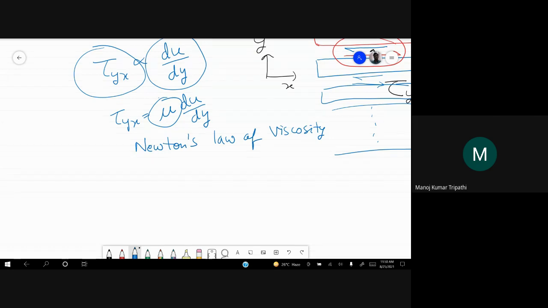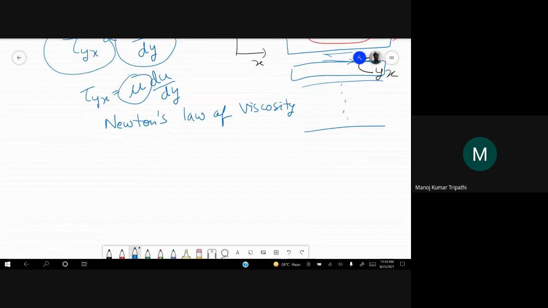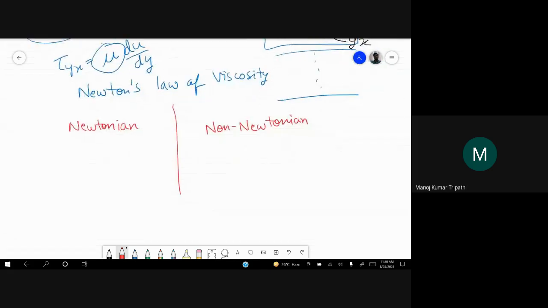Those fluids are known as non-Newtonian fluids, like we said in the earlier class, I think. Non-Newtonian fluids, where this law is not valid, and other fluids are Newtonian fluids, water, air, and other simple fluids.